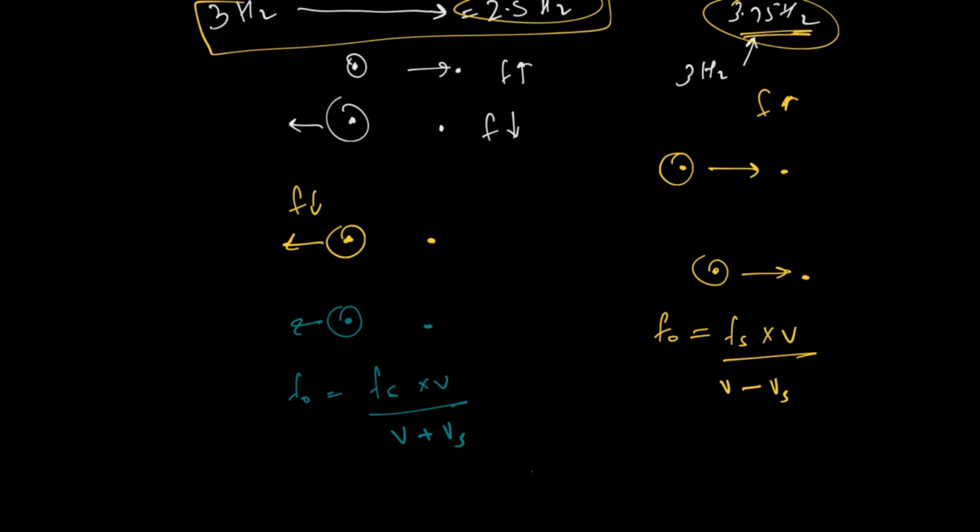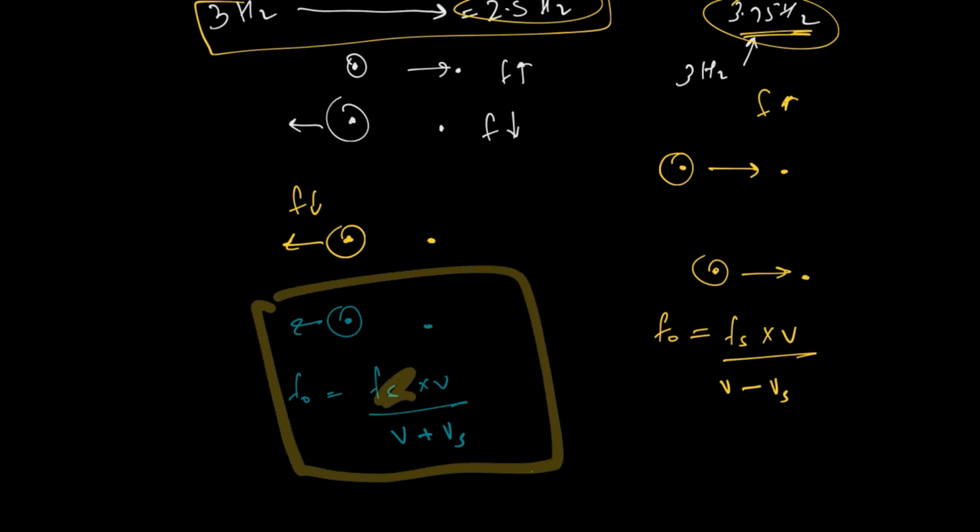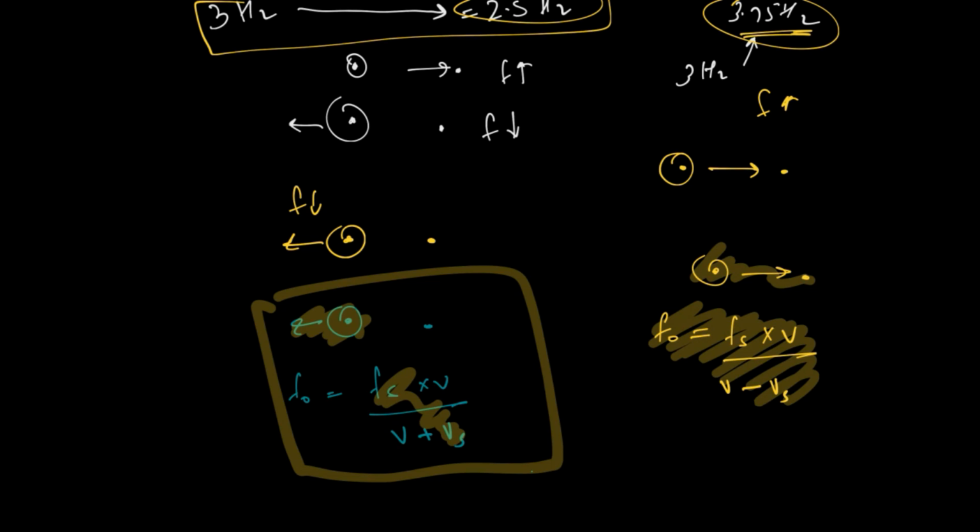We could easily see that here the denominator would be greater, so the value would be lesser, and here the denominator would be lesser, so the value would be greater. This makes it easier to remember which formula is used for which scenario. And so we are done with Doppler effect.